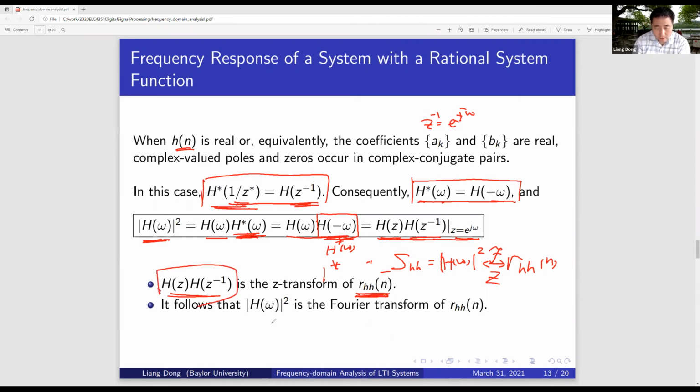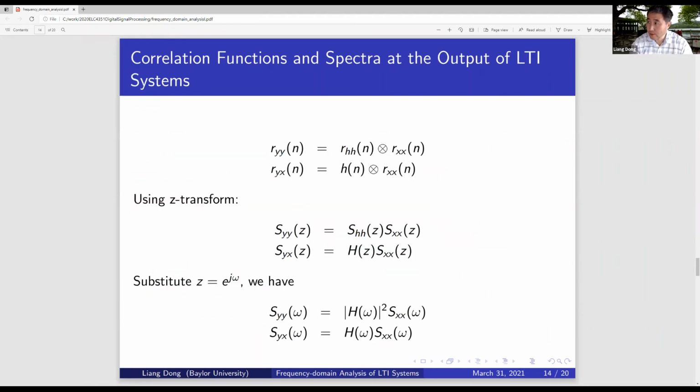And it also follows that |H(omega)| squared, the absolute value square, is the Fourier transform of the autocorrelation of the system. So we extend it to discuss all these on the system, the autocorrelation and the spectrum. We used that before dealing with signals.